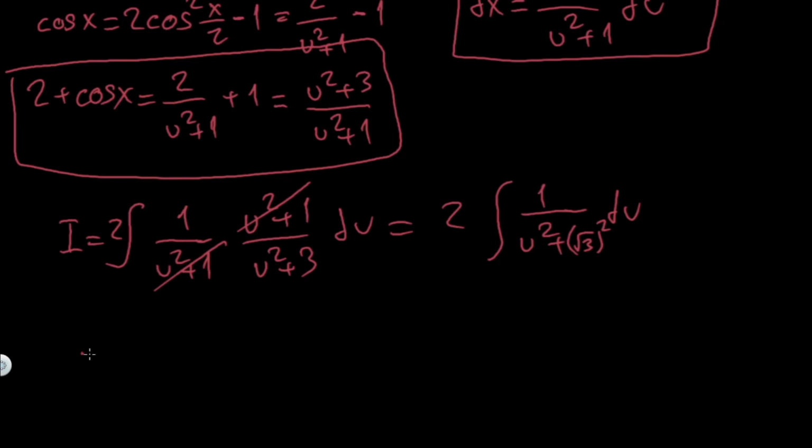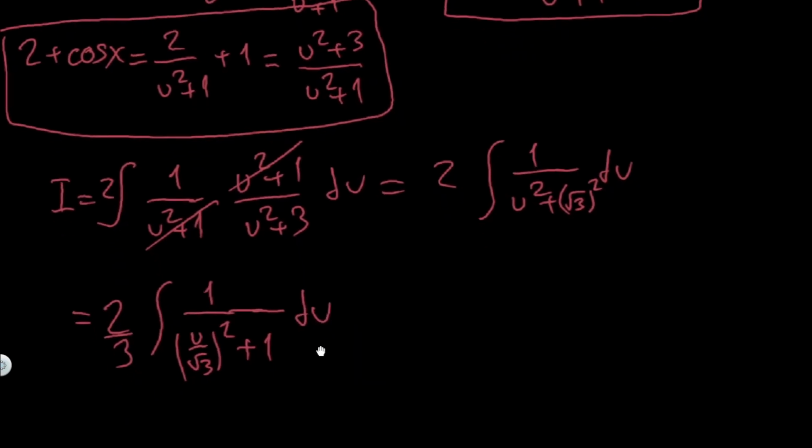So I'm taking 3 out, and then it's just going to be 1 over u over square root of 3 squared plus 1.